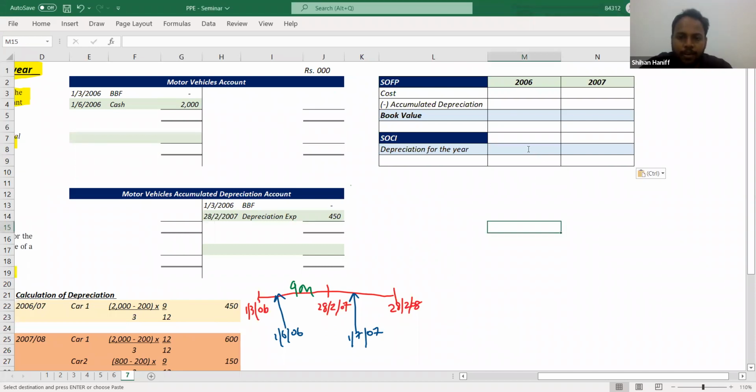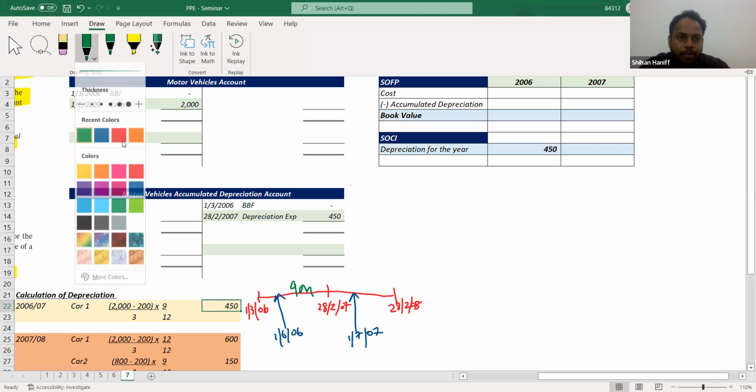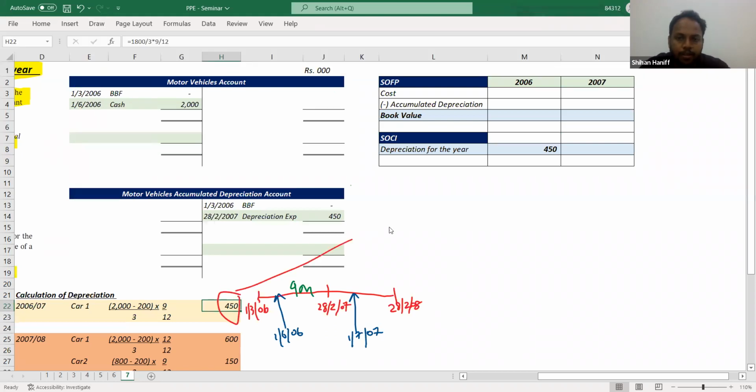Depreciation for the year is 450. So we know the calculation. Then we take closing balances.